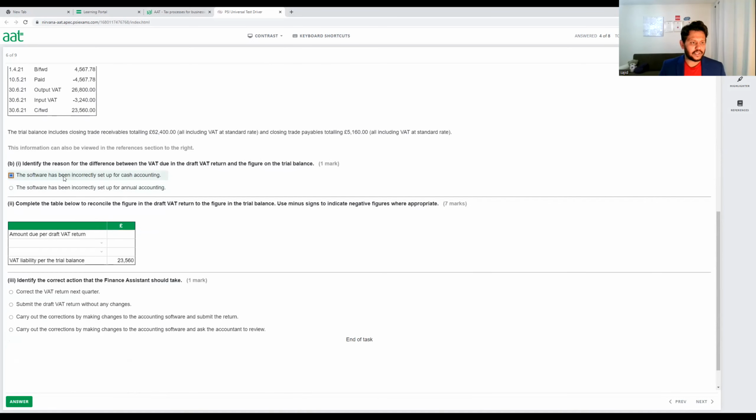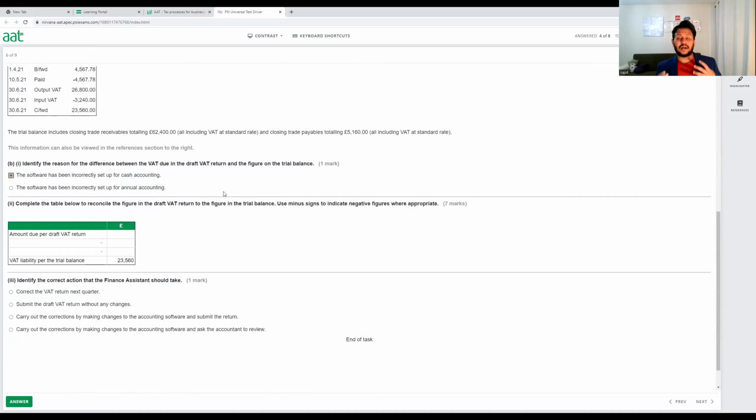Now, what is cash accounting? Cash accounting is all about only considering the VAT for the amount that the customer has already paid. So if there is any invoice outstanding, that means the customer did not pay us, we do not consider the invoice. Likewise, if we have a purchase from a supplier and we have not made the payment yet, we do not consider that.